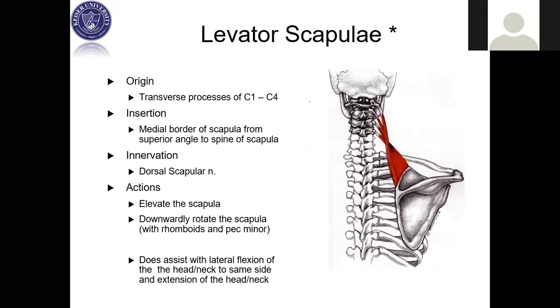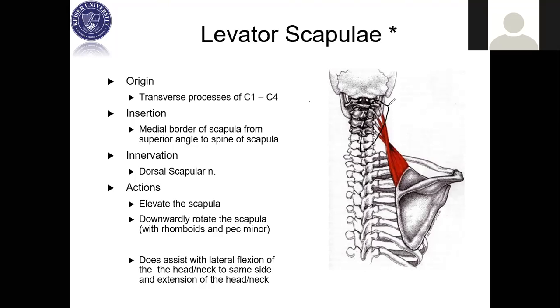So first things first, the origin of this muscle is, now we're looking at the back. So now we're looking at muscles that have origin and insertions on the vertebra themselves. So we've got to think about where it's coming from. So levator comes from right up here, the C1 through C4 transverse processes.